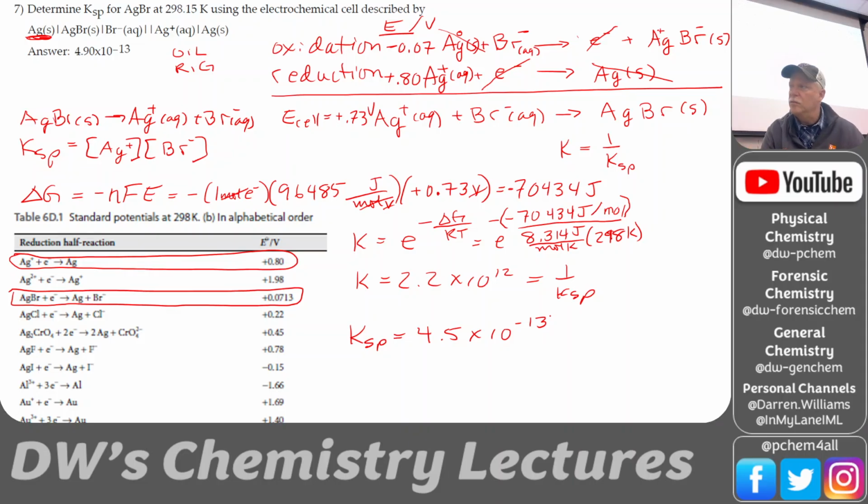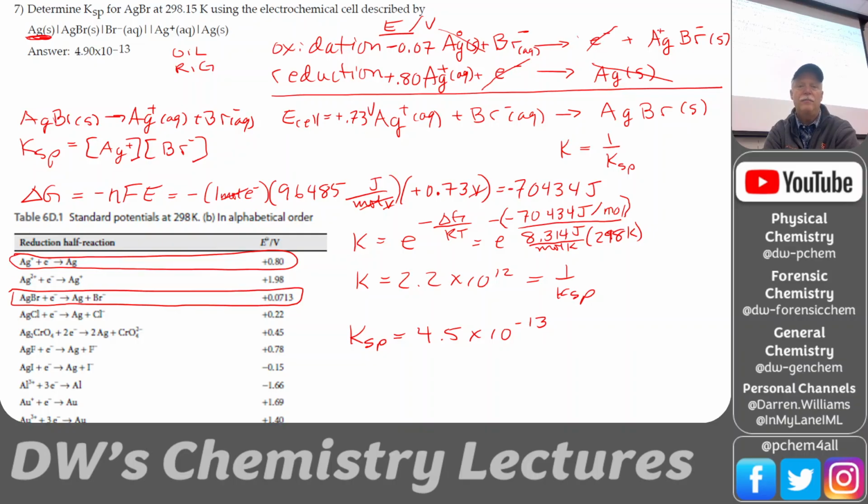And we're close enough that would have triggered, that would have been counted correct. But what a great problem. We have to understand line notation. We have to figure out the half reactions, and balance the electrons if needed. Find the net reaction, find the E cell.